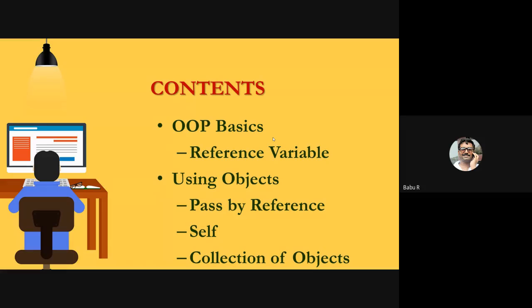What is a reference variable? That is our first objective. Second is how to use objects: either by passing them as a reference, pass by reference, or using self or a collection of objects, like passing them in a list. This is the overall objective of today's session.